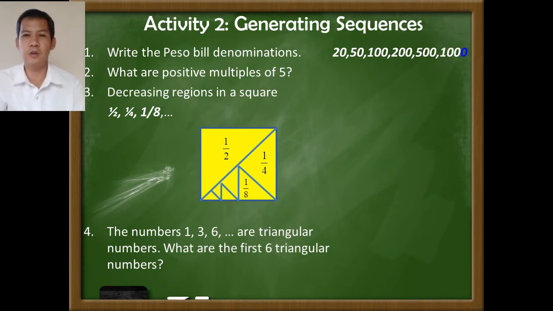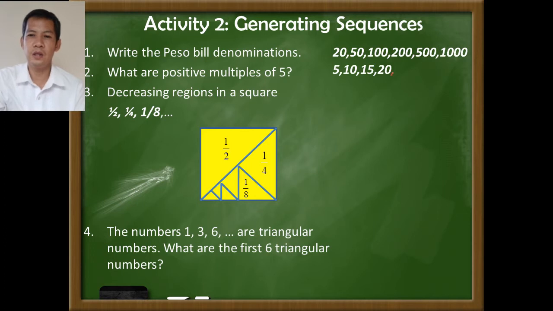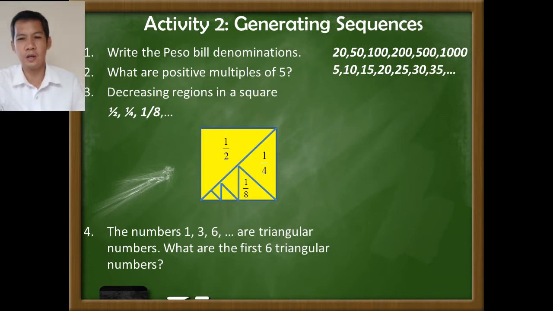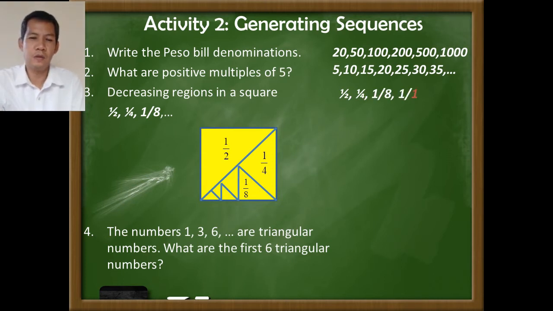How about the positive multiples of 5? We have 5, 10, 15, 20, 25, 30, 35, and so on. About the decreasing regions in a square, we have 1/2, 1/4, 1/8, 1/16, 1/32, and so on.